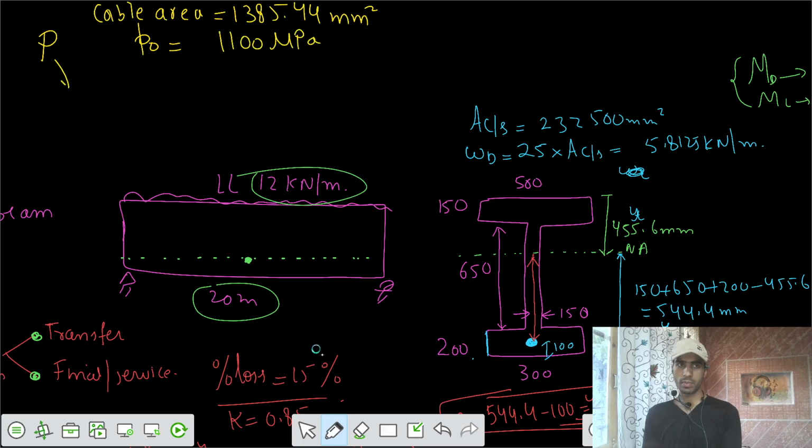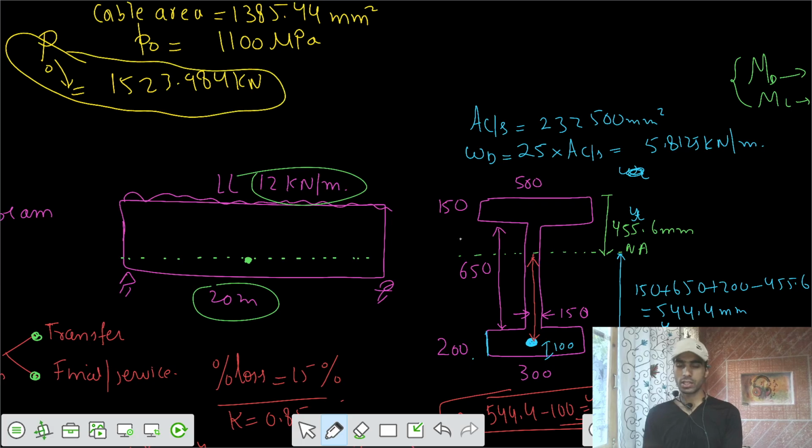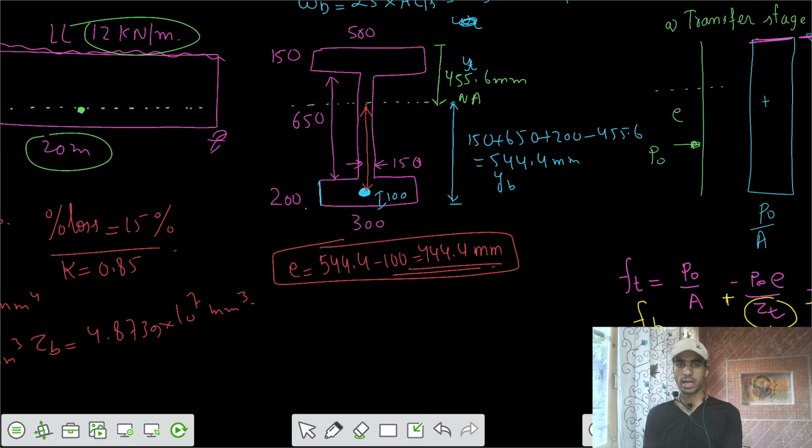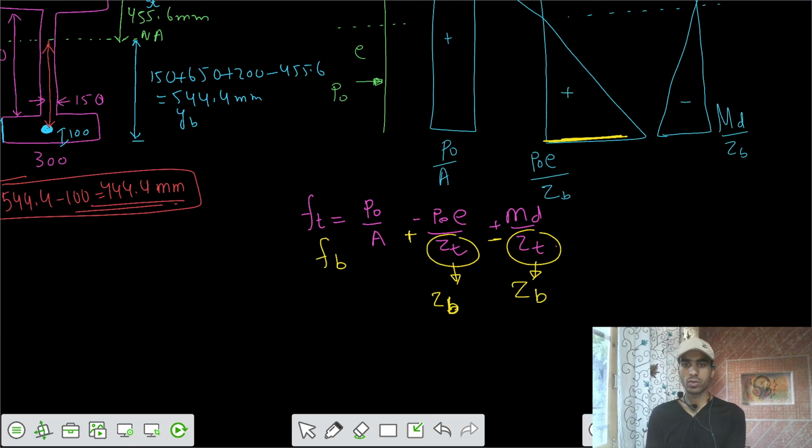So we can have the initial pre-stress force, which is equal to 1523.984 kilonewton. This is the initial pre-stress force.